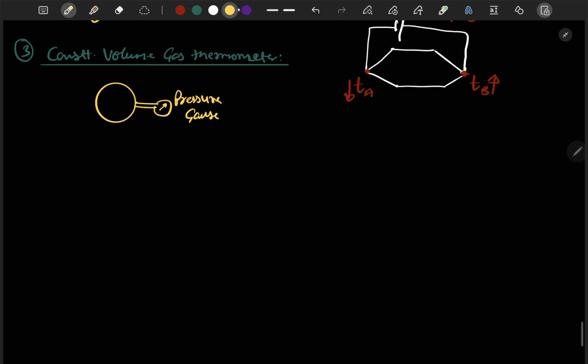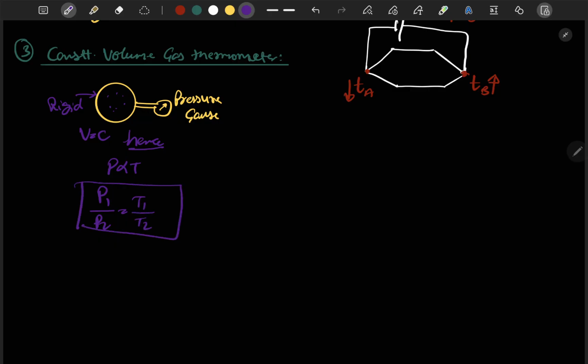Since the container is rigid, volume is constant, hence pressure is directly proportional to temperature. So P1 upon P2 is equal to T1 upon T2. And since it is a constant volume gas thermometer, pressure is our thermometric property.